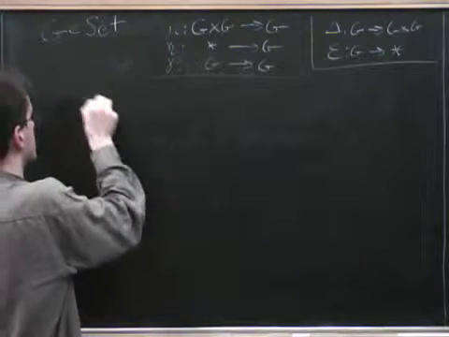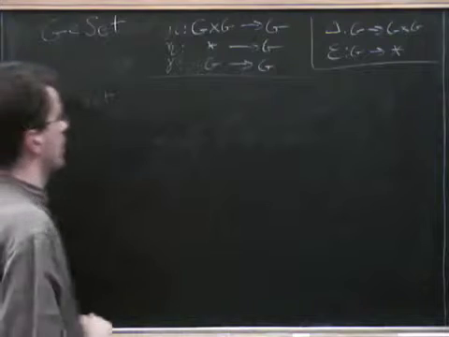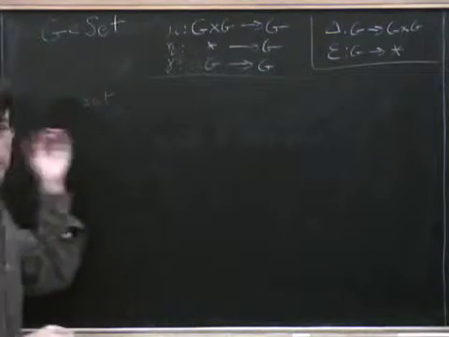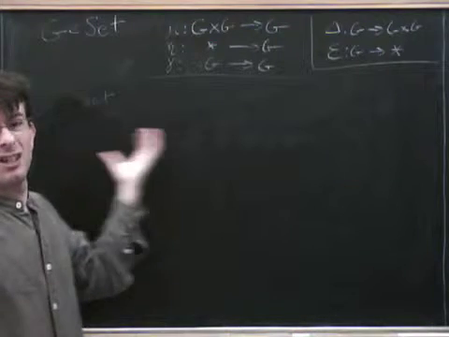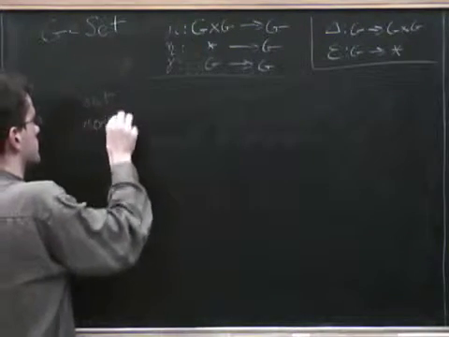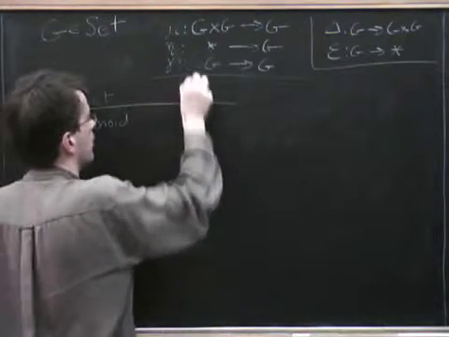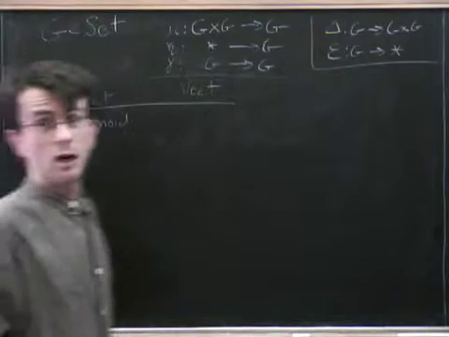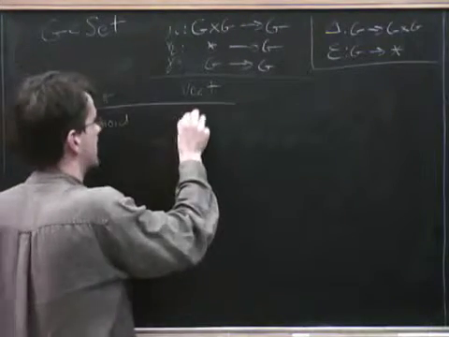If you take it to be Set, then a set with an associative multiplication and a unit is called a monoid. But if you do the same thing in the category of vector spaces, you take a vector space with an associative product on it, you get an algebra.